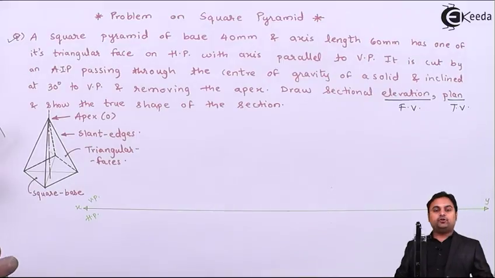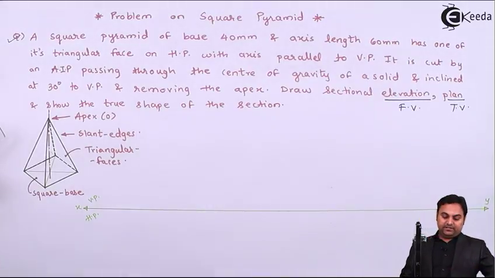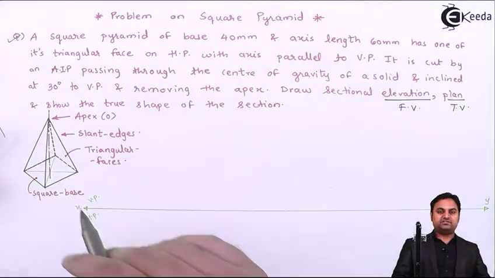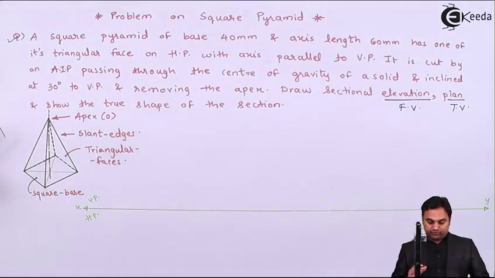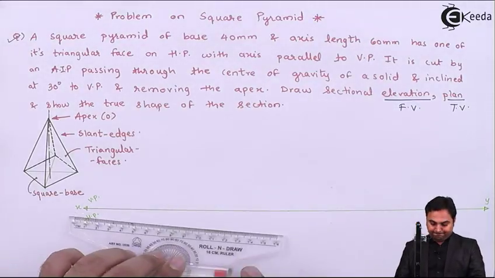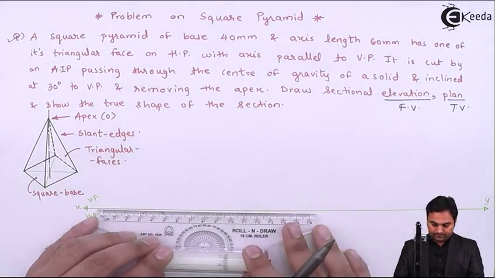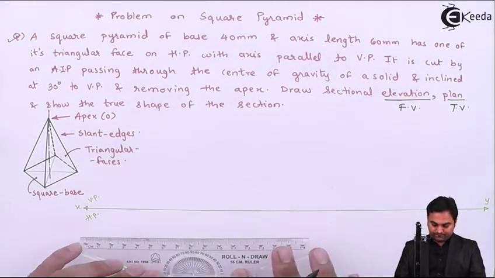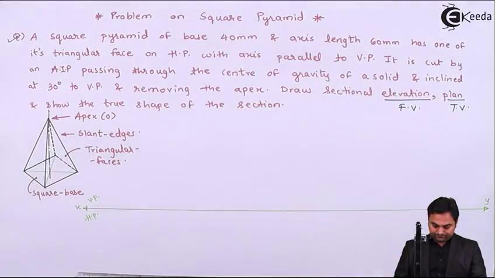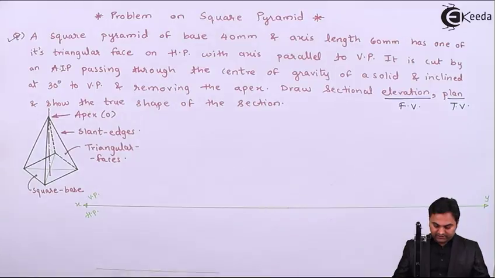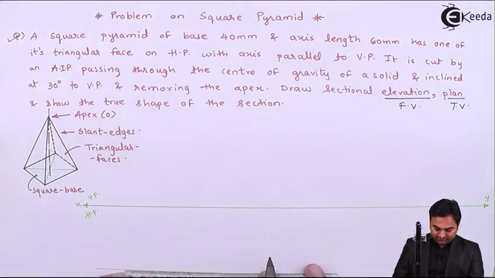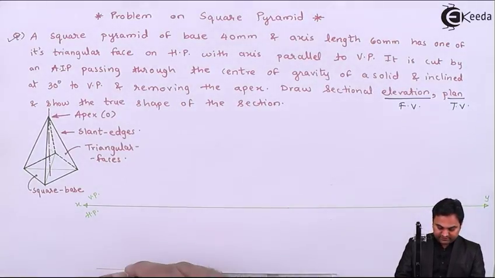Now square should be drawn in such a way that the pyramid should lie on its triangular face as given in the question. So for that I'll first draw a light line measuring 40 mm, because that is the side of the square.